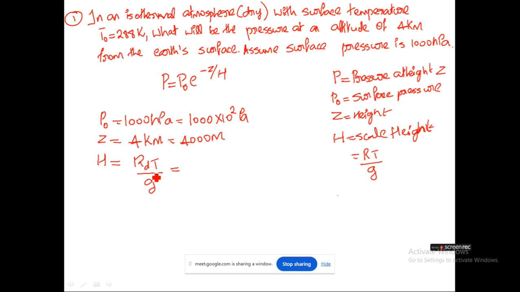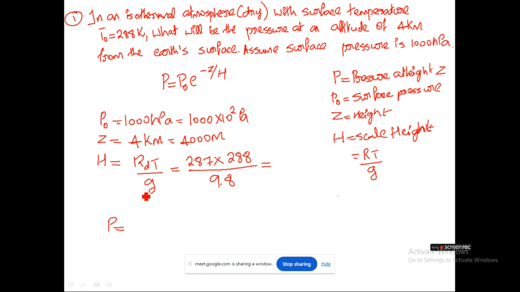We learned that in case of dry air the value was 287, and in case of moisture it was around 461. So RD is 287, into temperature 288, and the acceleration due to gravity we know is 9.8. This we need to find out. Once we know all these terms, we can calculate P.